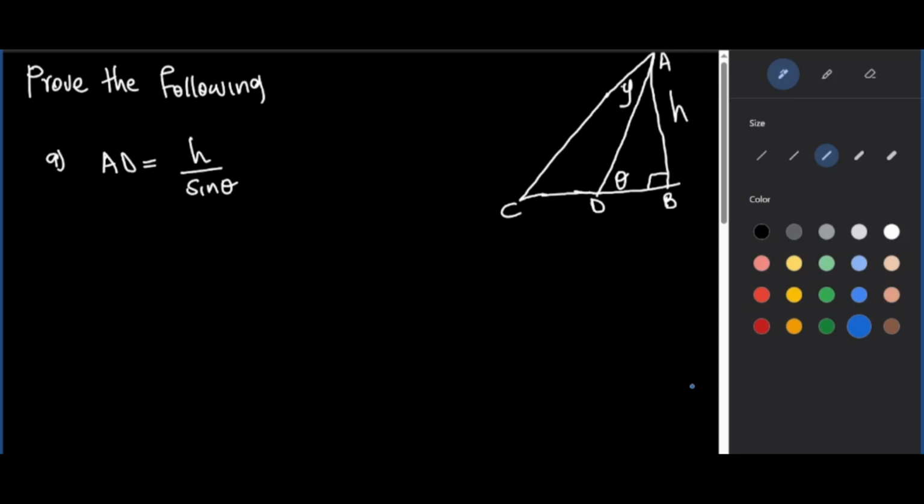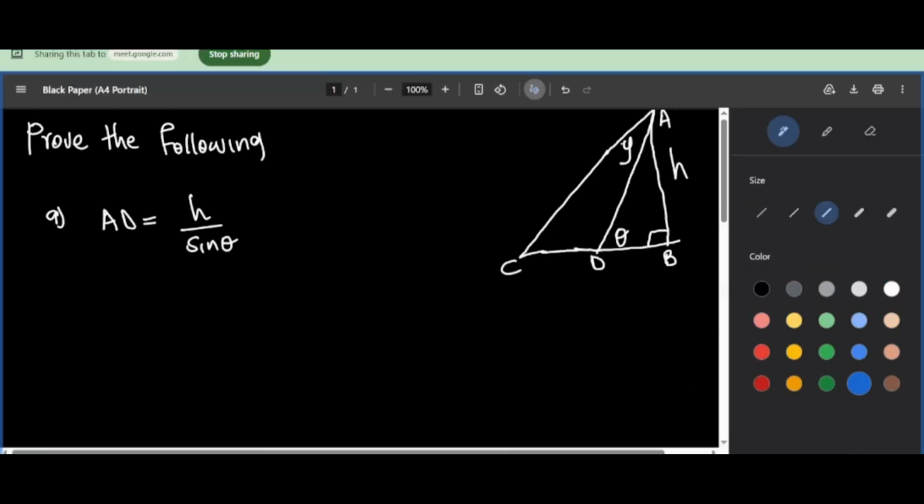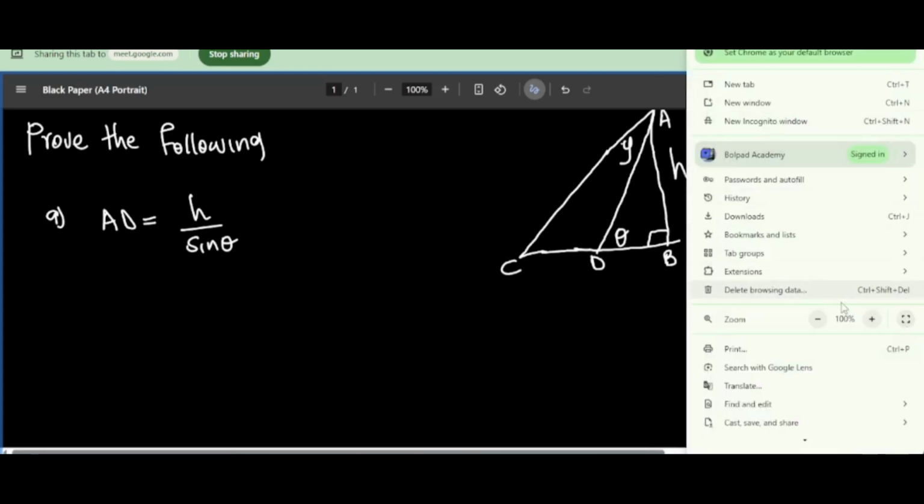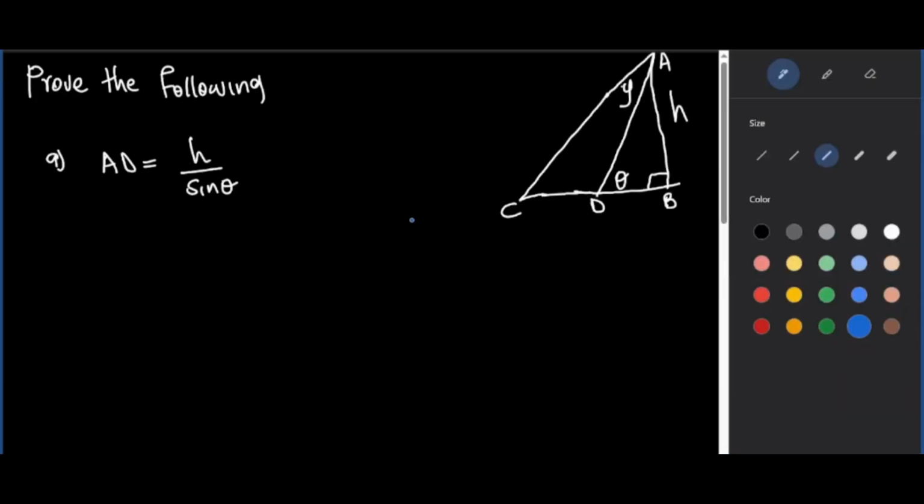What do you want us to use? I think you are on the right track. The first one, I was going to say we must use Pythagoras. Nope, we can't use that.